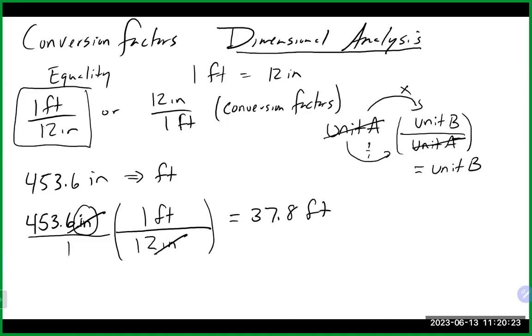So let's talk about a couple of things here. First off, let's talk about significant figures. Is my answer the correct number of significant figures? How many significant figures should it have? It should have 4.